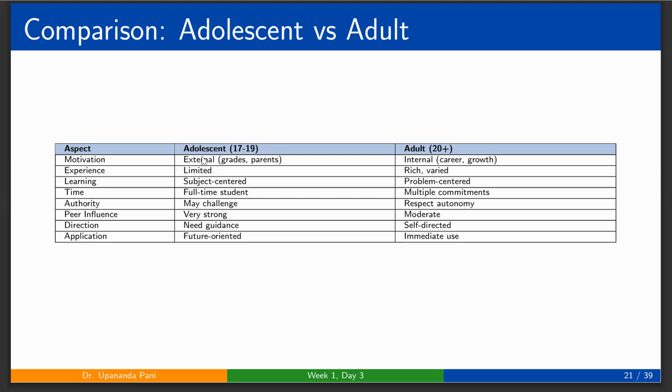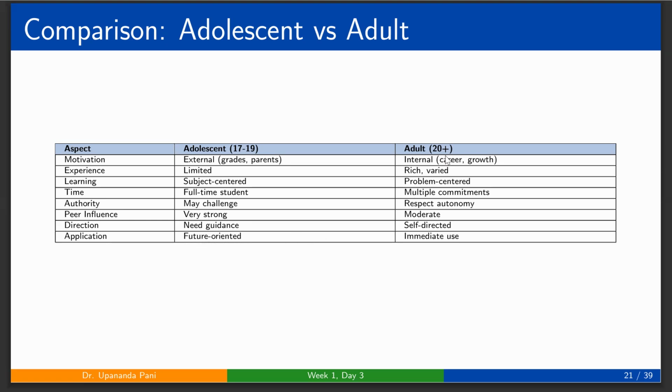In the case of adolescents, with an age group of 17 to 19, the motivation is external, for example to achieve a better grade and to win appreciation from parents. Experience is limited. Learning is subject-centered. They are full-time students. They may challenge authority. Peer influence is very strong. They need guidance. Application is future-oriented.